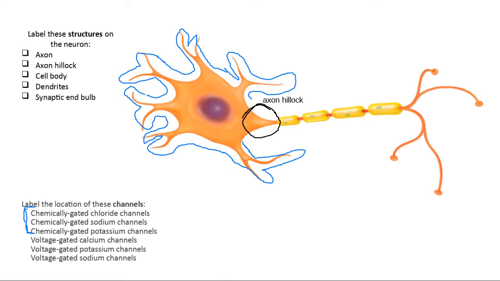When you think about the Axon Hillock, I want you to think that the function of the Axon Hillock is to do summation, to use a word that we just now talked about in class. The Axon Hillock is the location on a neuron where we do summation.